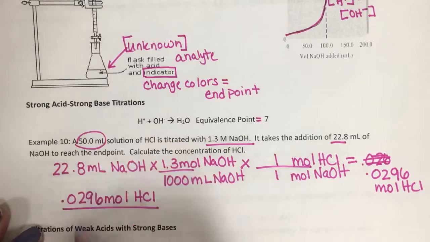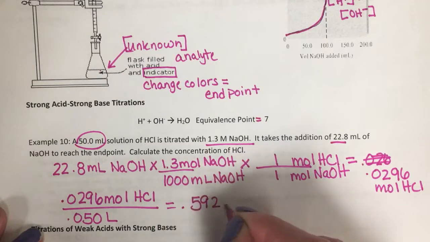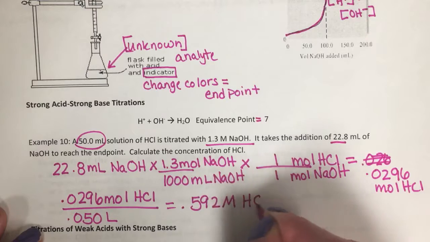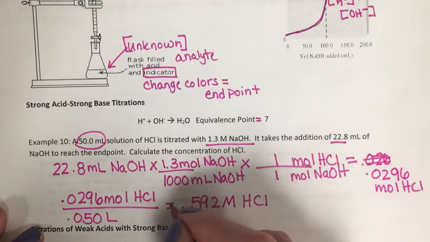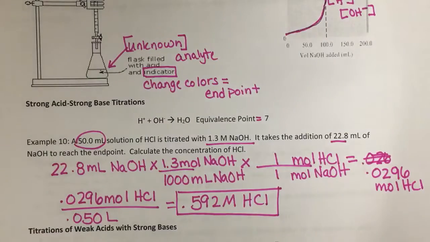I've got 50 milliliters, or 0.050 liters. So my molarity is 0.592 molar HCl. Okay, so I always start with the one I know the most about.